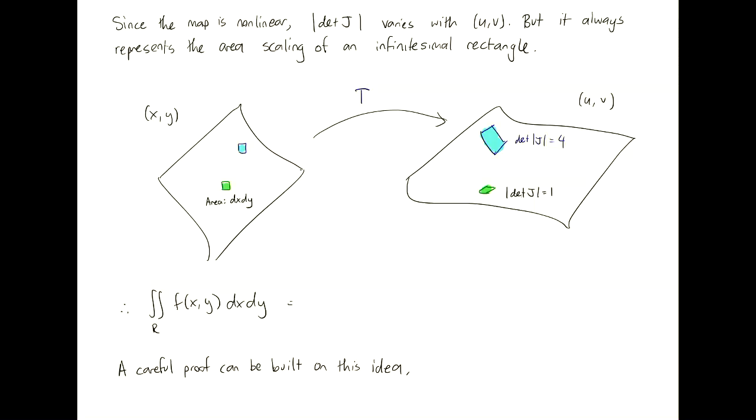Which means that the area of my entire region, the integral over my entire region, is the sum over all of the tiny little parallelograms, each of which has an absolute value of a determinant J of u v du dv, because this is nothing more than the sum over tiny rectangles.